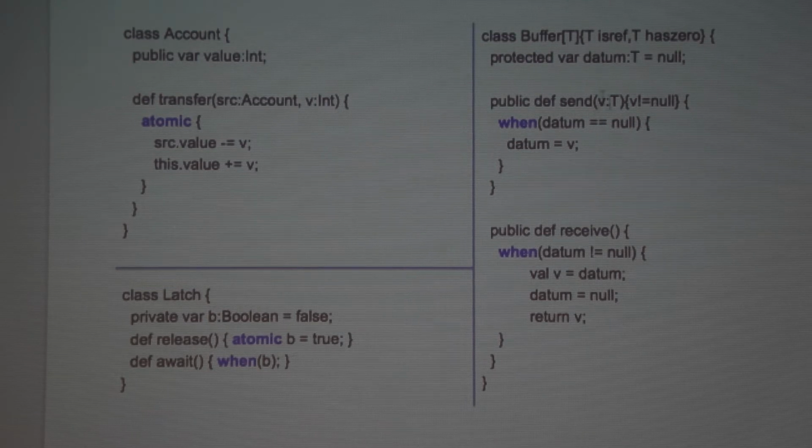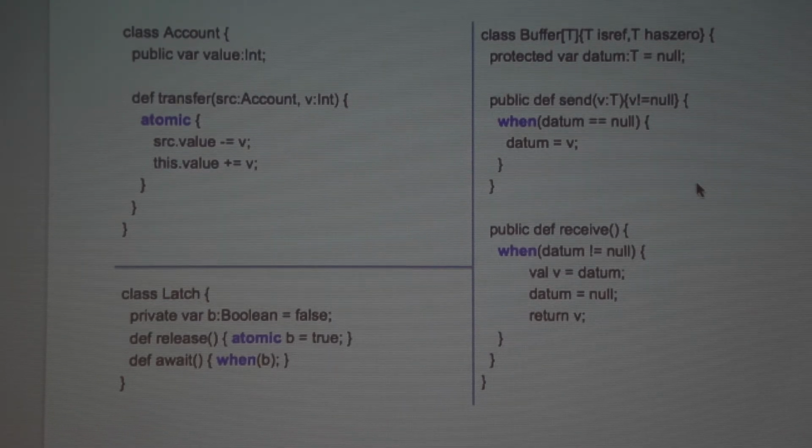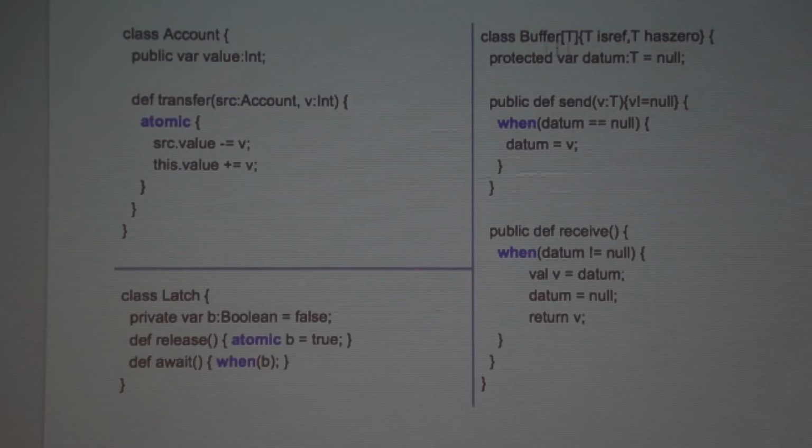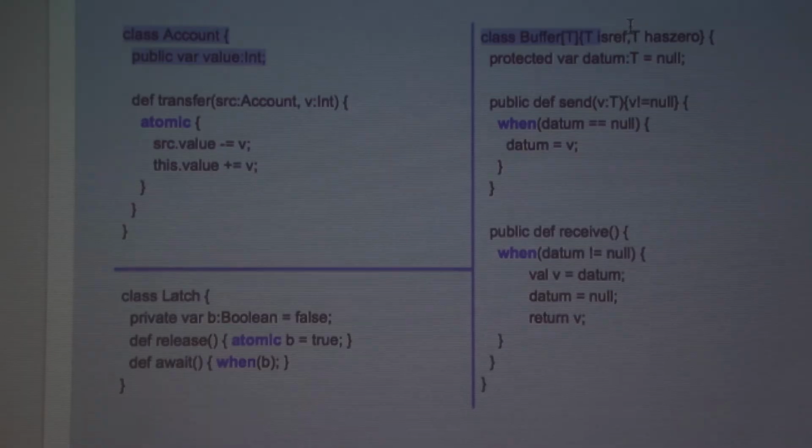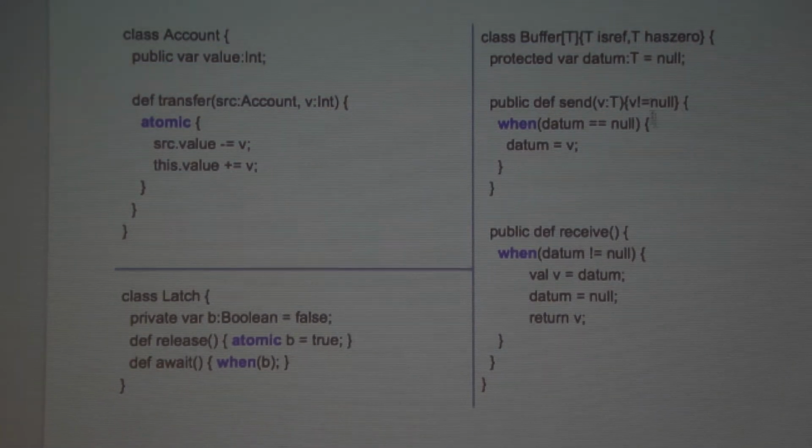A buffer is an obvious piece of code. Again, conditional critical regions are actually pretty powerful, even with all of these restrictions that we have imposed. So here's a buffer for a variable type of instances of classes which must have a 0, and you initialize it to null.